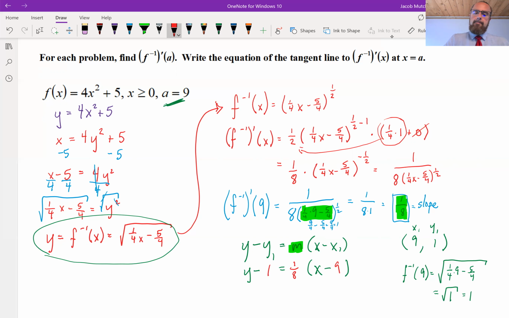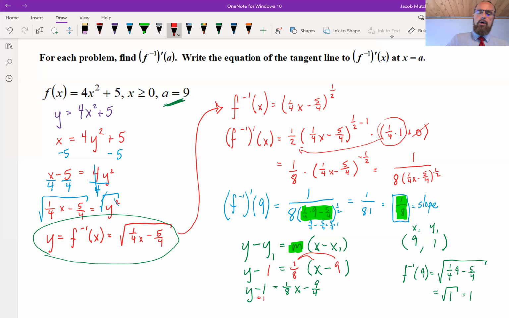So I'm going to distribute this 1/8 into the x minus 9. And what that'll give me is y minus 1 equals 1/8 x minus 9/8. And then last step here is just to add 1.